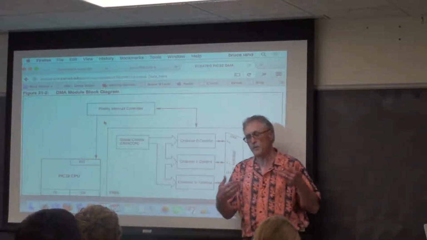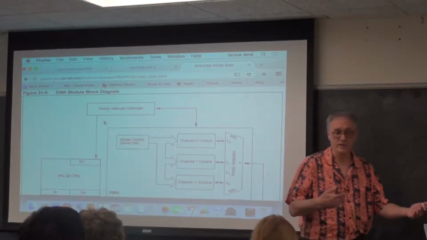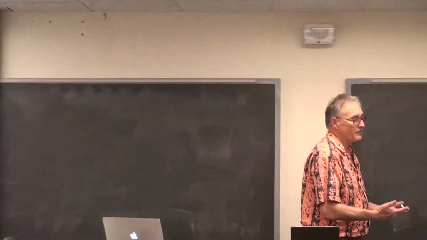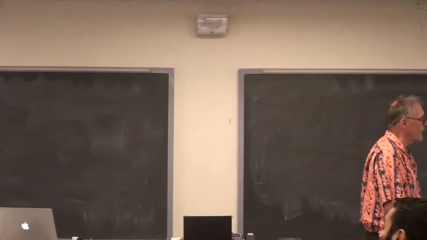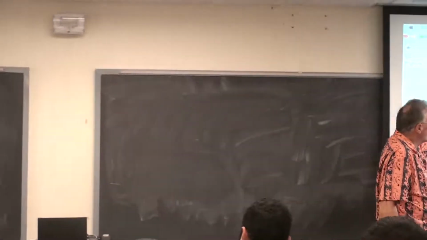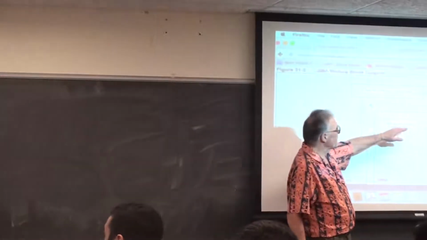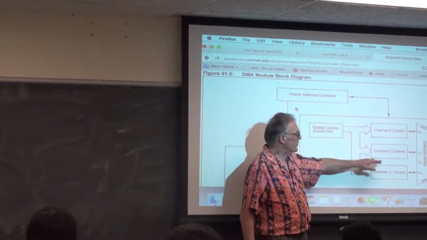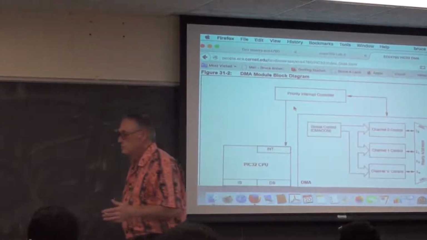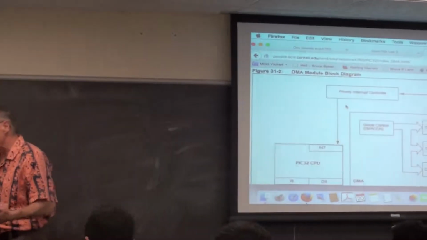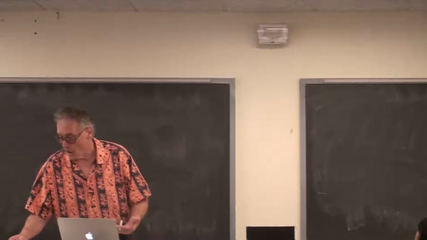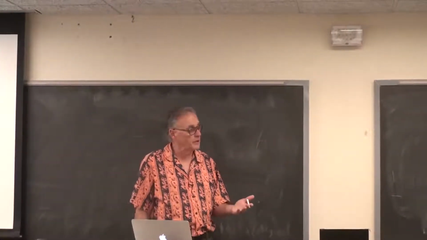So the CPU can issue a memory request against data and a memory request against flash, program memory at the same time. But in addition, there's 4 other bus master channels on this chip, DMA channels 0 through 4, each of which can request data motion on the bus independent of the CPU.